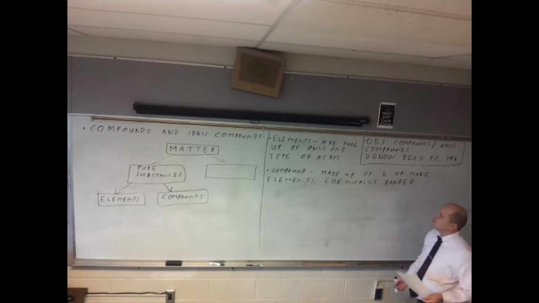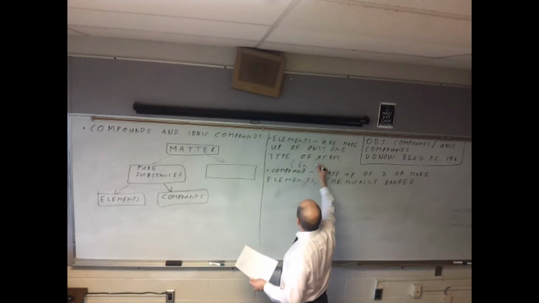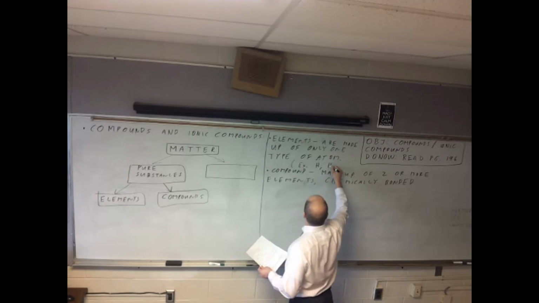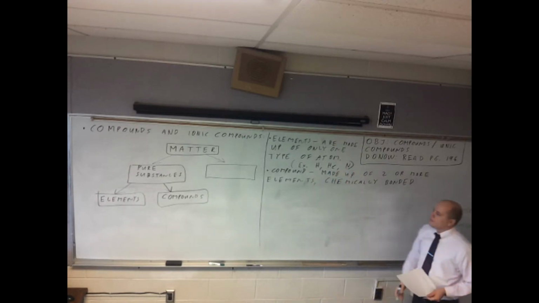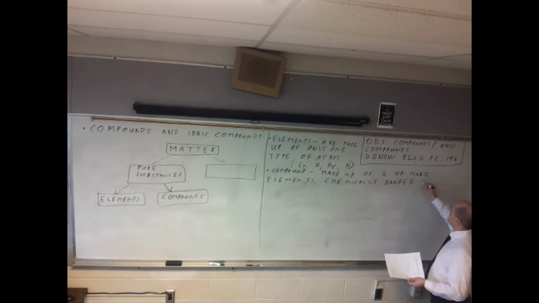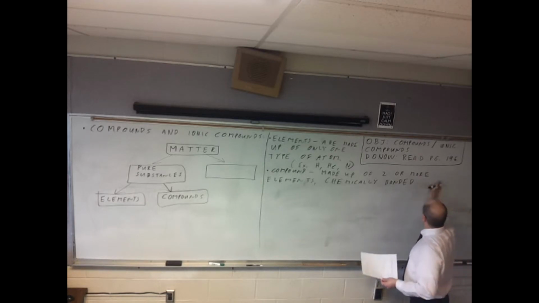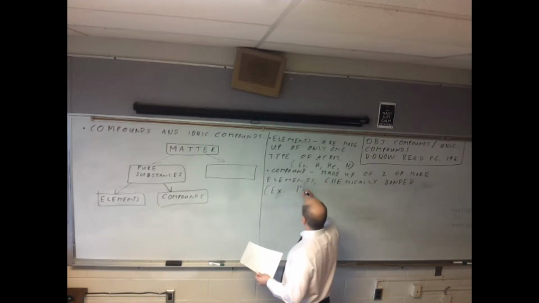That's a compound. Elements would be what? Elements would be like hydrogen, helium, nitrogen, right? Just things on the periodic table. Compounds, you would have a formula that's more than one thing. There would be more than one element in it. So for a compound, you probably can't see this on the video, so let me write over here. A compound would be like H2O.